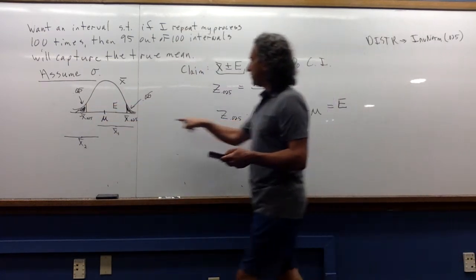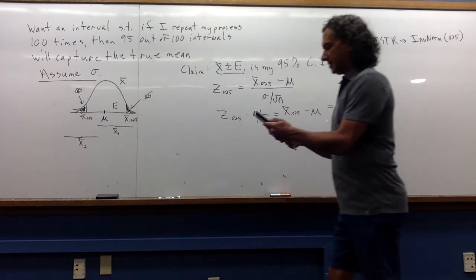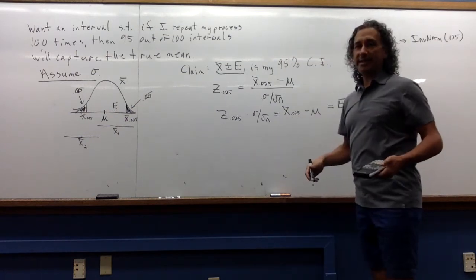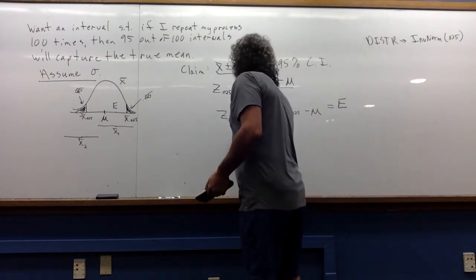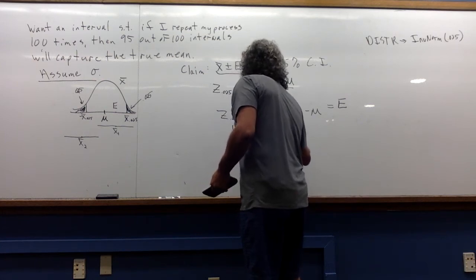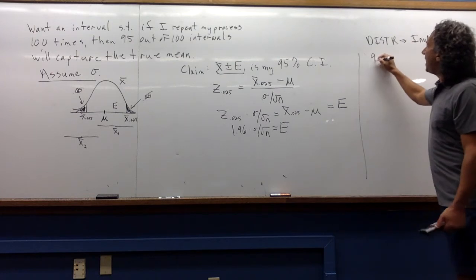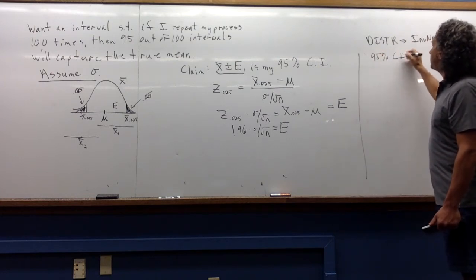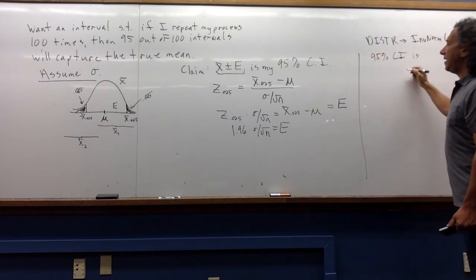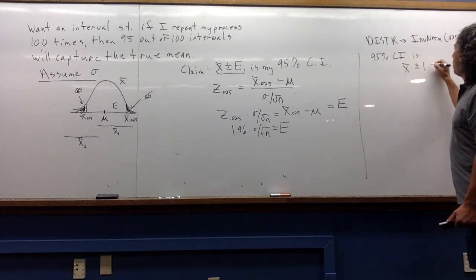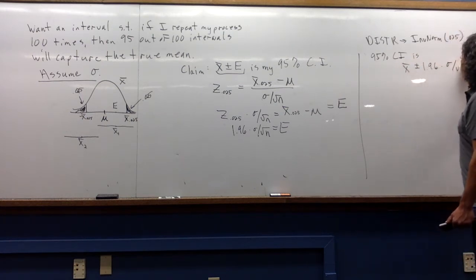And by my picture, I should be getting a positive value, so I'll just take the opposite of that. I get minus 1.96, so it's 1.96 times sigma over root n is my E. So that tells me that a 95% confidence interval is x bar plus or minus 1.96 times sigma over root n.